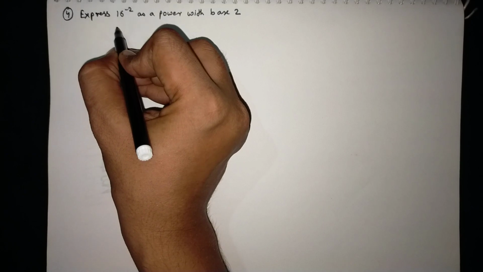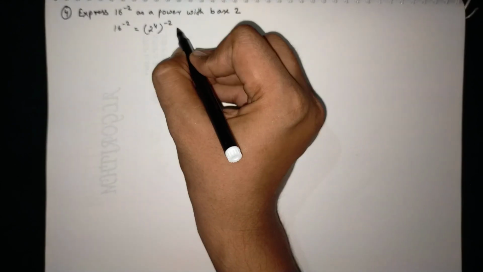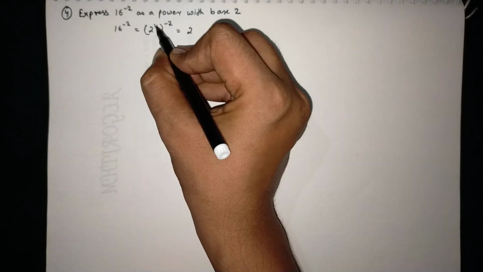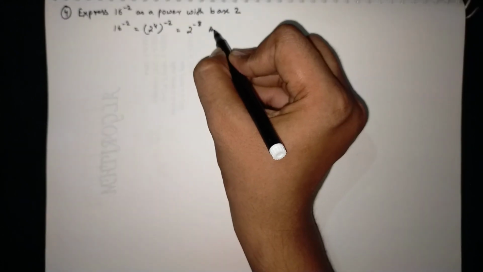Now here, this 16 to the power minus 2 can be written as 2 to the power 4 whole to the power minus 2. Now, as we know that the powers are multiplied in this situation, so we can do 2 to the power 4 into minus 2, that is minus 8. And this is your answer for this question.